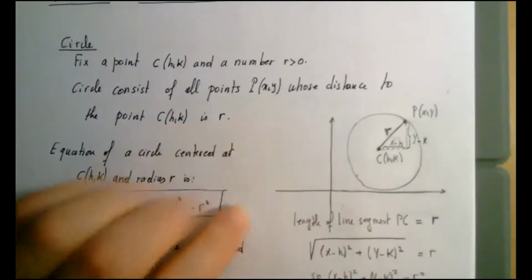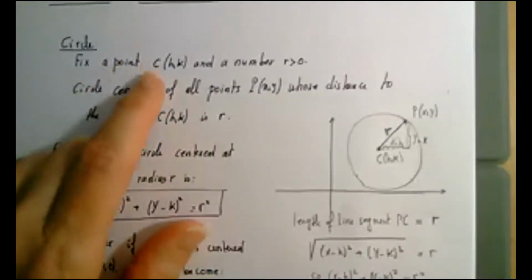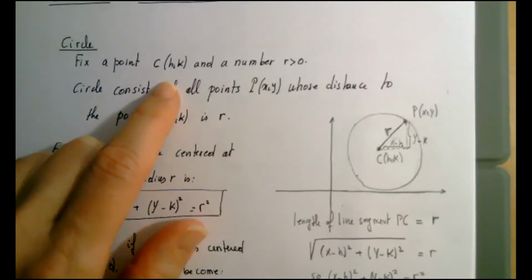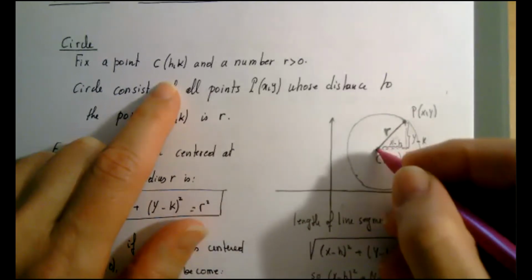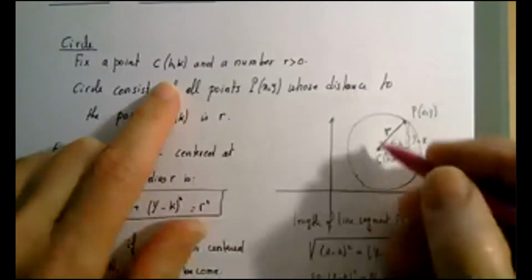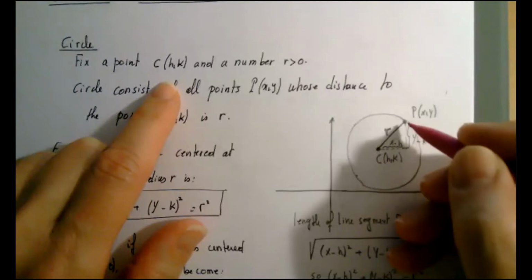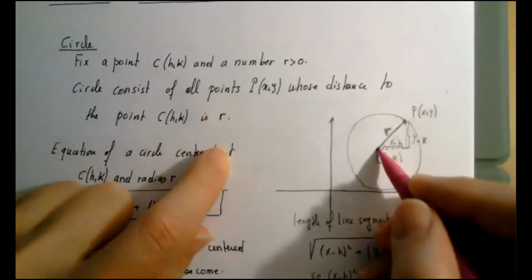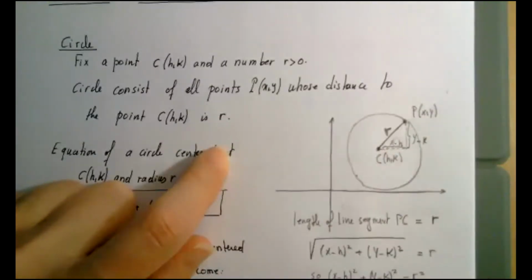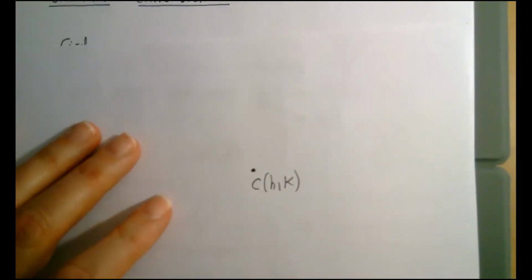First, a circle. What is a circle? When I say a circle, mathematically what is it? A circle is characterized by the center and the radius. If I give you a center and I give you a radius, we have a circle. Suppose I fix a center, which is (h, k). What is a circle mathematically?